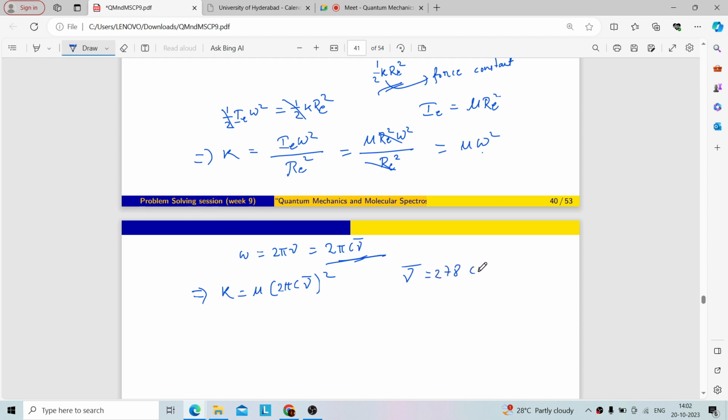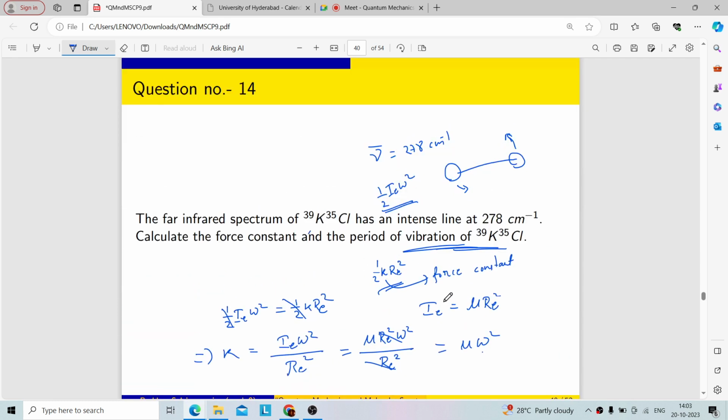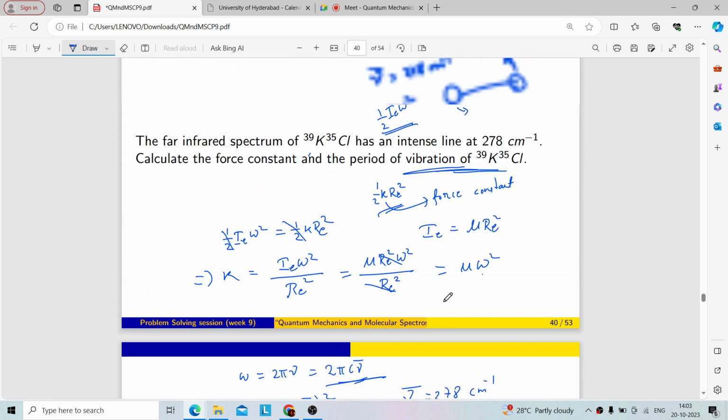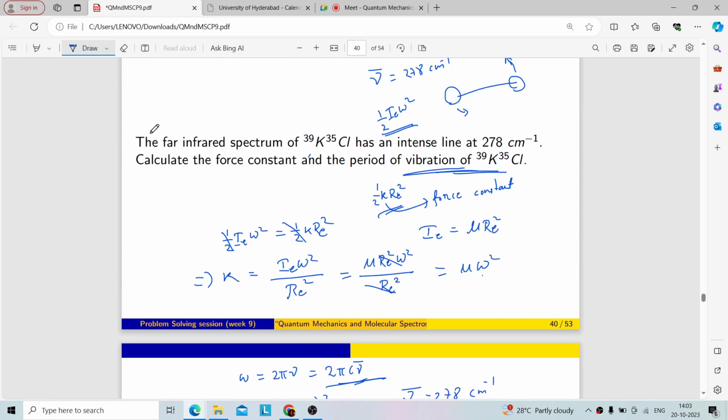Okay, now nu bar is given as 278 centimeter inverse, and mu you have to calculate. What is the system? This is potassium chloride. So mu we can write as 39 times 35 over 39 plus 35 times some constant.